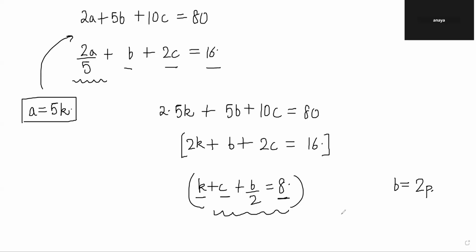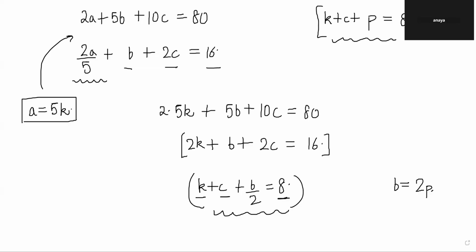Now you would get k plus c plus p is equal to 8, right? Where k, c, and p are integers. Now we have reduced the problem. Now there are no coefficients anywhere.